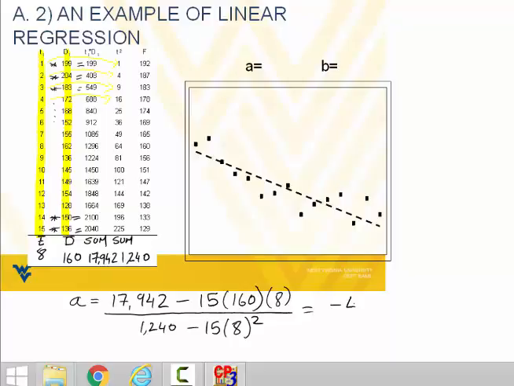And this works out to be minus 4.5. So for B, I have the average of D minus A times the average of T. So my average of D is 160, minus A is 4.5, and the average of T is 8. So B works out to be 196.